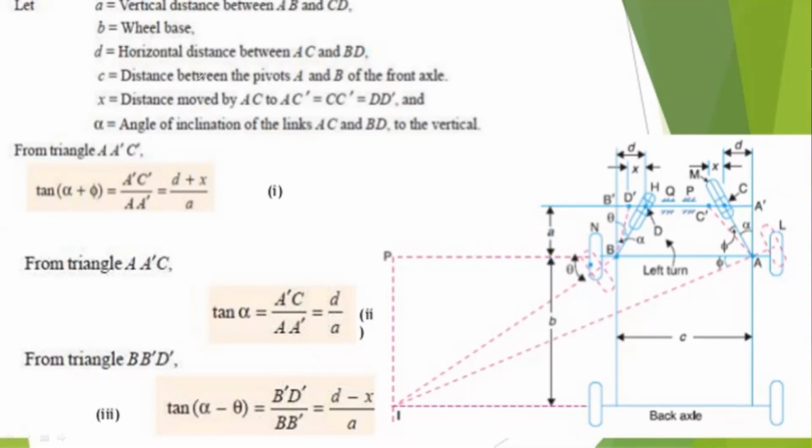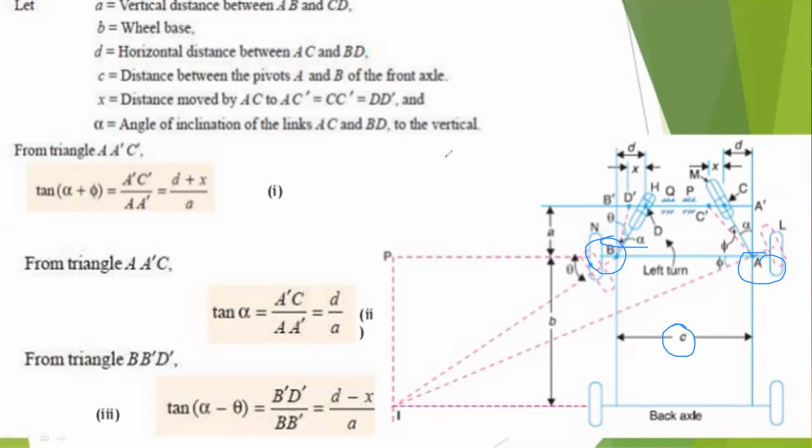Next, c is the distance between the pivots A and B. c is the distance between the pivots of A and B. x is equal to the distance moved by AC, that is AC dash, CC dash and DD dash.